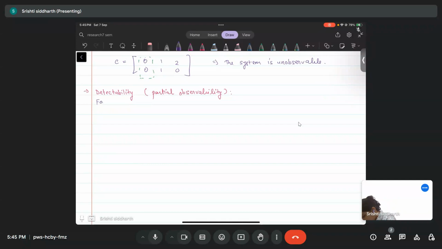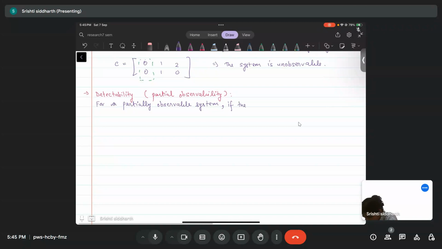For a partially observable system, if the unobservable modes are stable and the observable modes are unstable, then the system is said to be detectable.